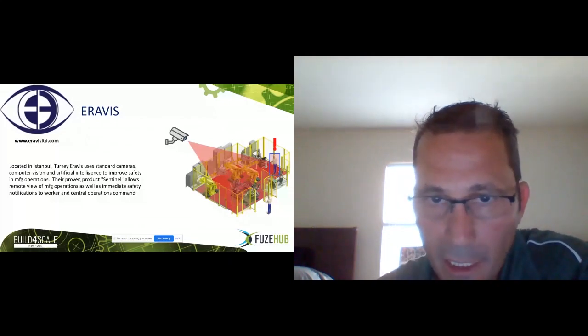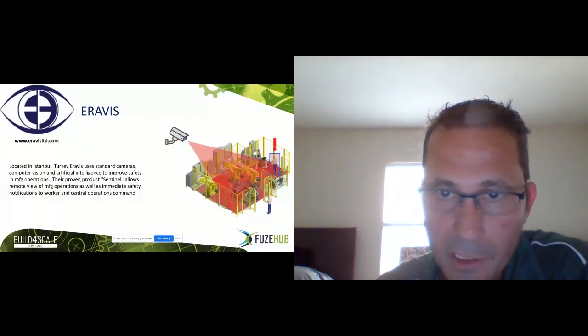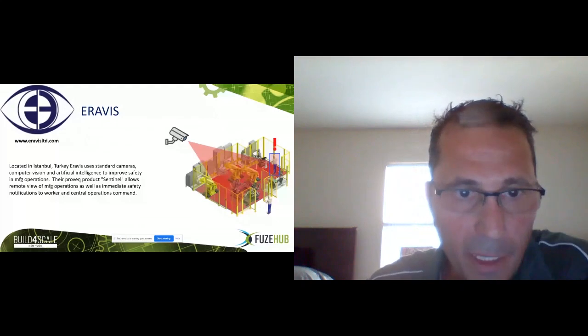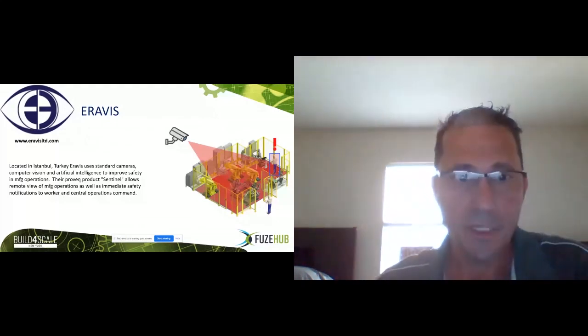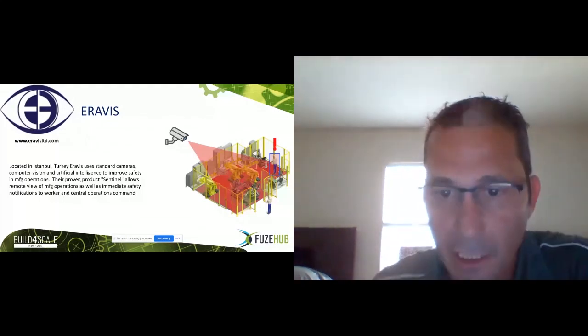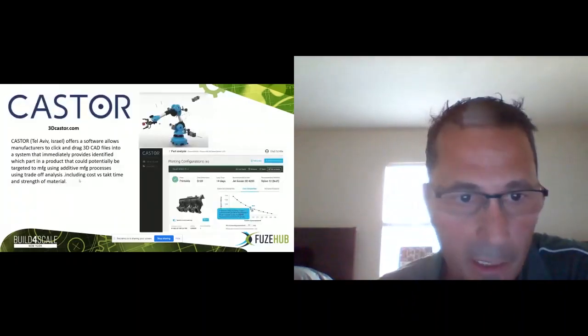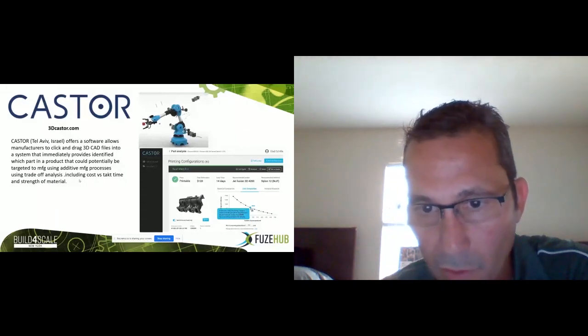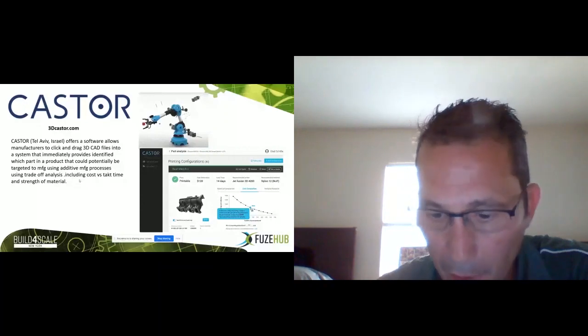So it could analyze anything, including something as complex as the robot you see there. And again, it's not meant to be an accurate indicator. It's supposed to be a guide for your engineering team to at least isolate parts that could be considered for 3D printing. It is unique in that it not only considers lead time and cost, but also the stress, strain, strength of the materials that you're analyzing.